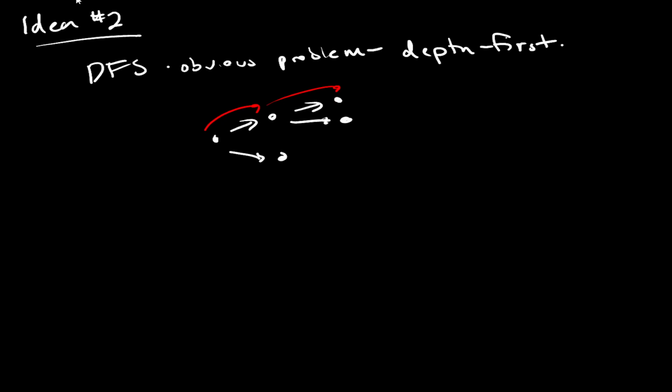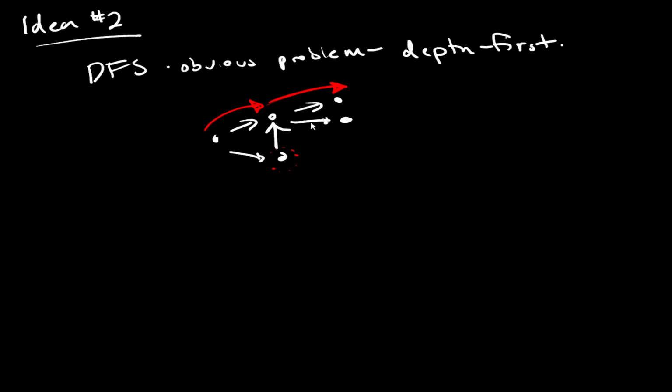So maybe this wasn't the best example, but if you had something like this, where this guy down here is incident on this vertex, the DFS is not really going to be aware of that, right? So there's no way for the depth first search to know that this incident edge is here.